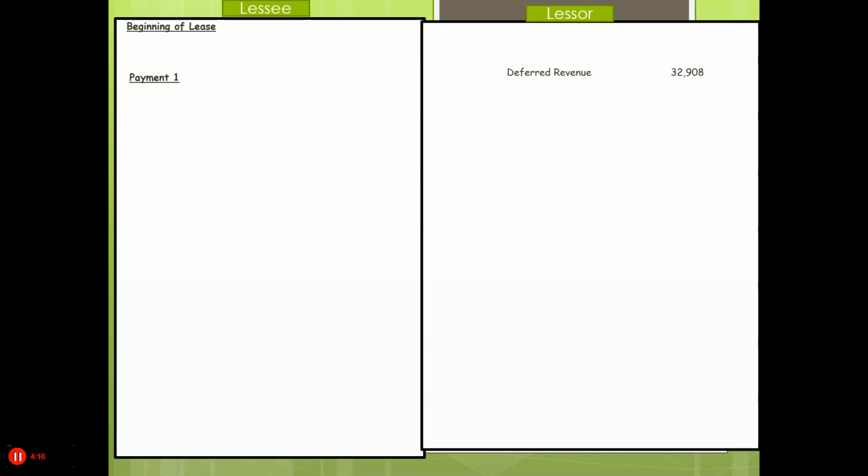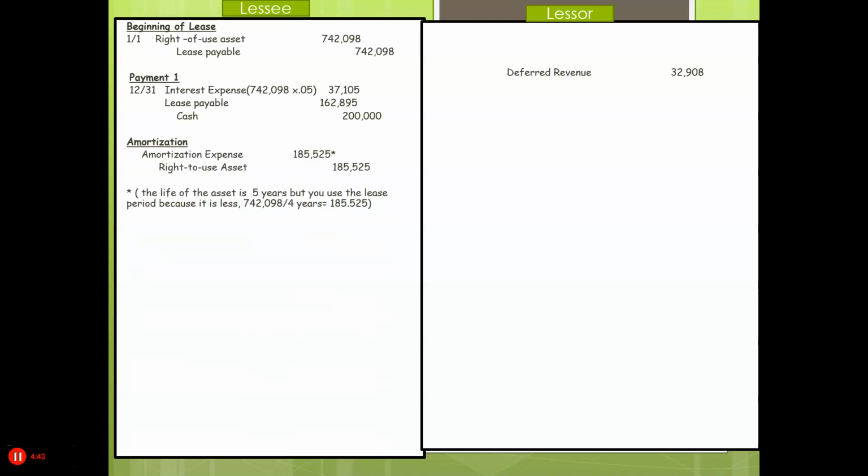Now let's take a look at what our journal entries would look like. So beginning of the lease, for the lessee, it would be a right of use asset, lease payable. The first payment would be cash. Interest would be the balance in the lease payable account, and lease payable.